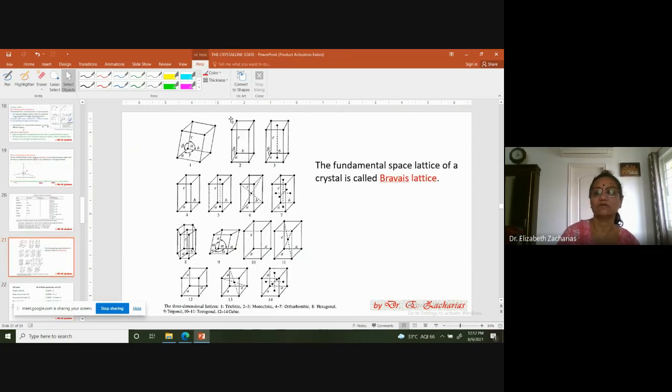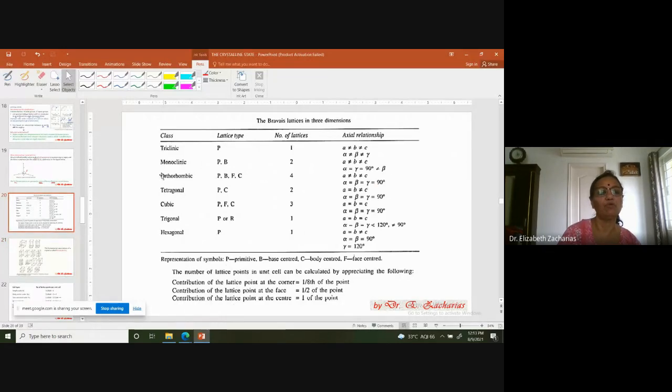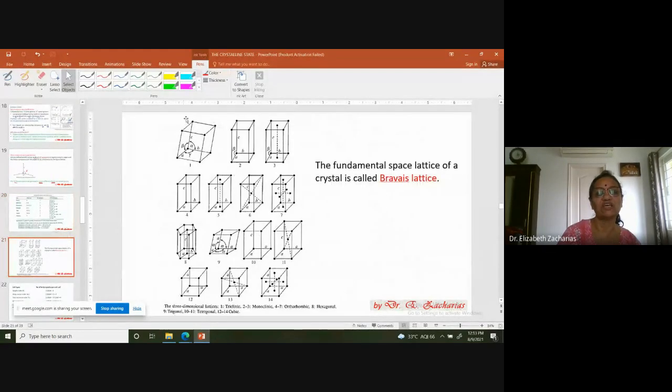Now look at this picture, which everyone has seen everywhere. So this is one class. What did I first say? Triclinic and then monoclinic. So this is triclinic. You can say A not equal to B not equal to C, alpha not equal to beta not equal to gamma. What is the next one? The next one was monoclinic.